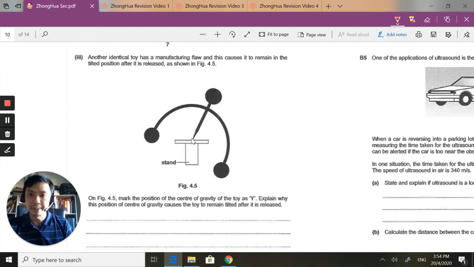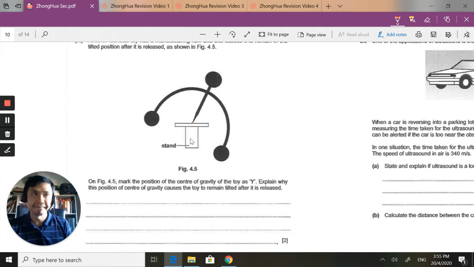So the simplest position where you can mark the center of gravity is just here. Let's put a dot here and mark it as Y. Of course, you can mark it anywhere along this line and it is going to work, but like I said, the easiest is just here.